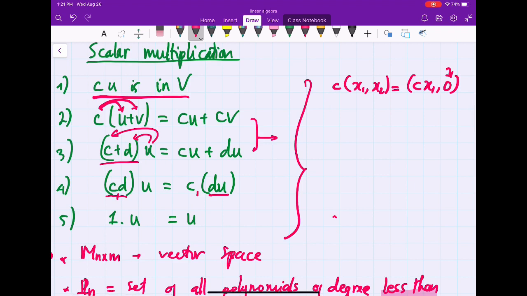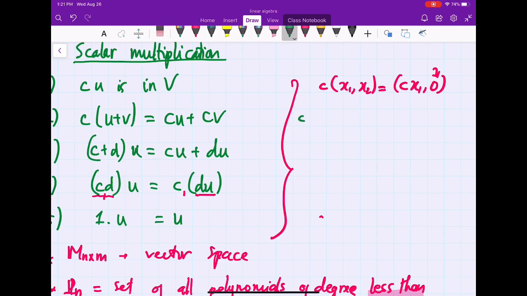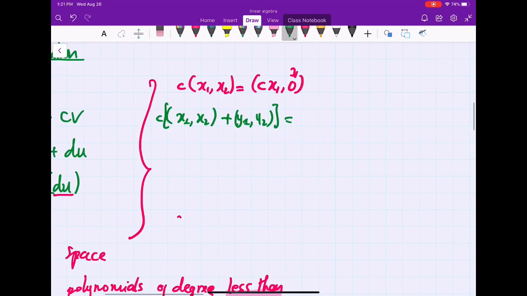The first property is obvious. Is that correct? Because you multiply, C x1 0 is also in R2. The second property is also okay. Look at this. Because you have some C, you multiply with x1 x2 plus y1 y2 in here, and you take the sum first.